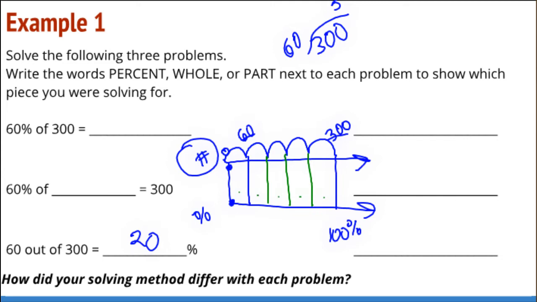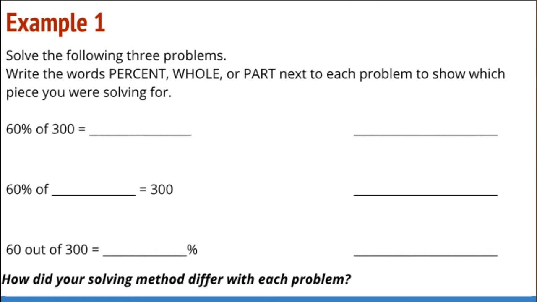And 100 divided by 5 is 20s. So I know what I'm counting by on the percent line, and I see that 60 is equal to 20%.